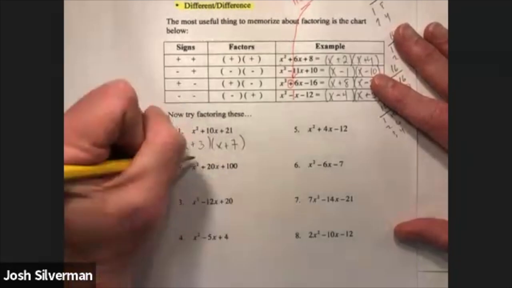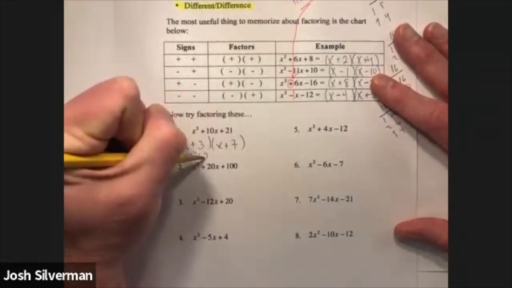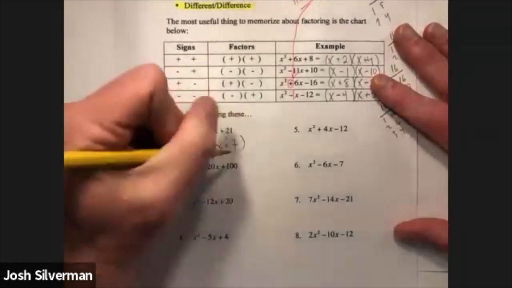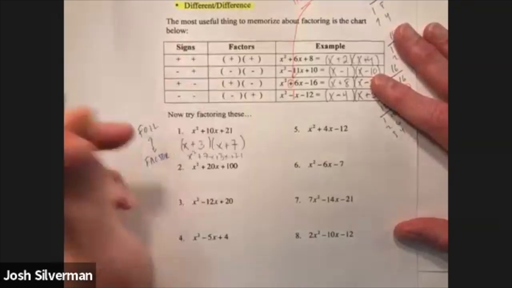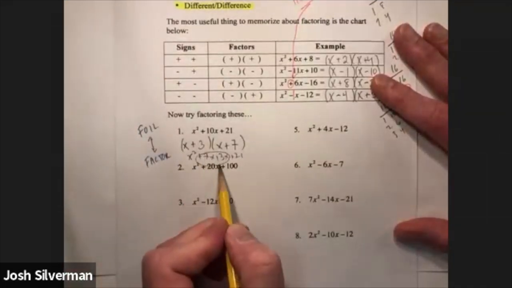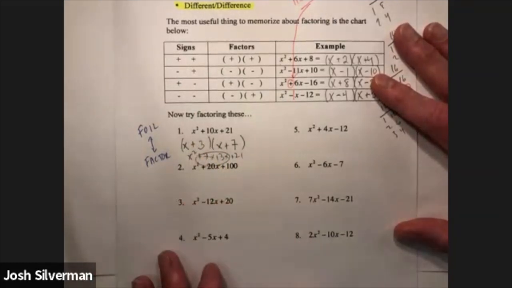First, x times x, that's x squared. Outside, x times 7, that's 7x. Inside, 3 times x. Last, 3 times 7. And of course, if we put those two in the middle together, that would give us a 10x. Yes, that's what we started with. That's how you check it.